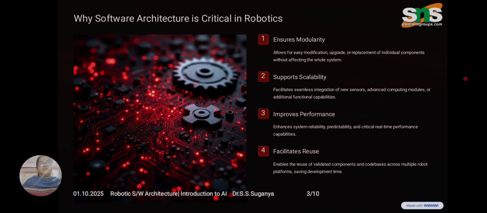With performance, the system becomes more reliable and responsive. With reusability, validated code modules can be reused across multiple platforms, saving time and cost of robot development. In short, a good architecture keeps robotics development organized, efficient and future ready.